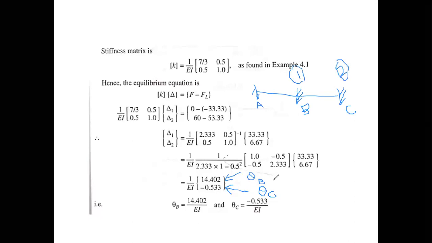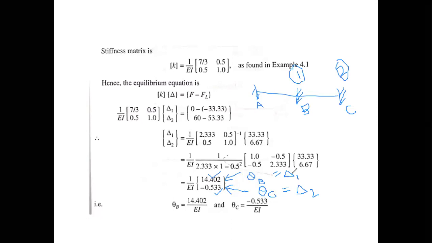So theta B is equal to delta 1, and theta C will be delta 2, that is the final displacement in coordinate direction 2. So this is the value for delta 1 and this is the value for delta 2.